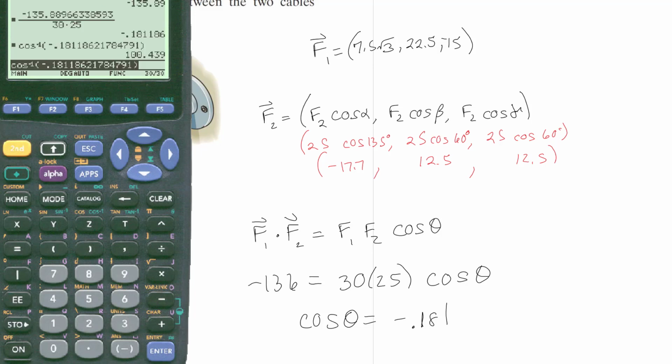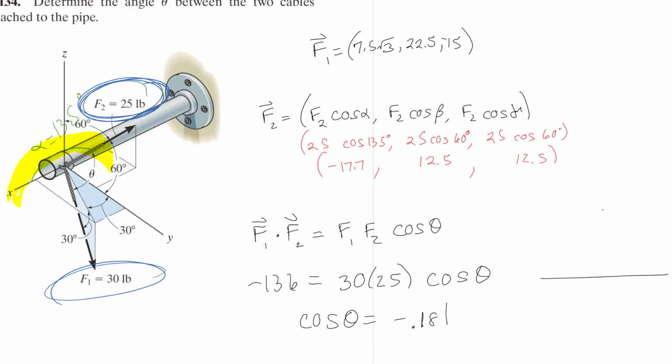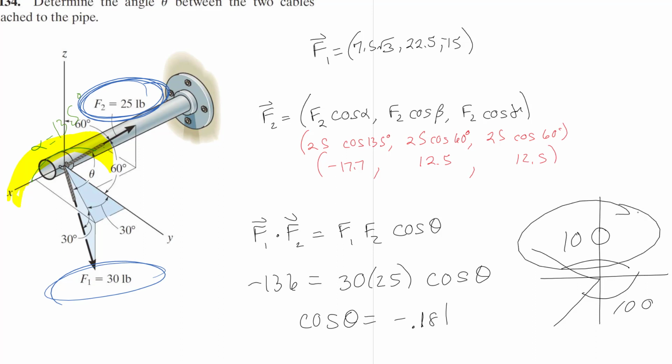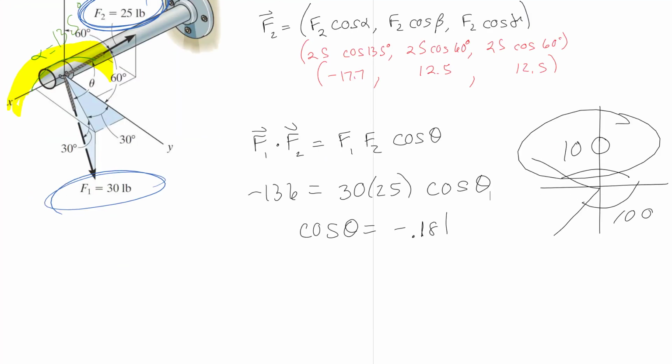And the nice thing about taking this inverse cosine is that it's either going to be this 100 or this 100. Looking at it again, I can see that it's smaller than 180. So it's this 100 and not the equivalent of that, 300 or 260. So theta here is going to be 100 degrees.